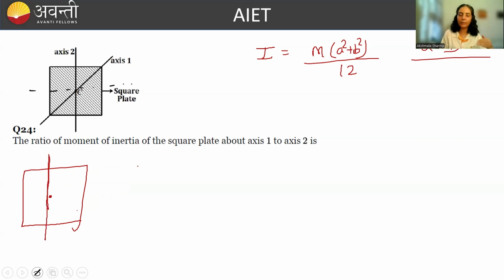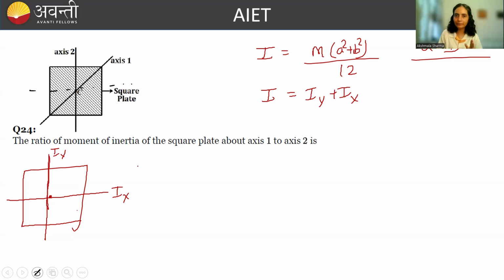So now I'm taking another axis, that is this. That is in the plane of plate. Okay? And this is like this. So we can use here parallel axis or perpendicular axis theorem. We can say that I is equal to, let's say this is IY, and then let's draw the x-axis IX. So this will be equal to IY plus IX. And you already know that this plate is symmetrical along y and x-axis.